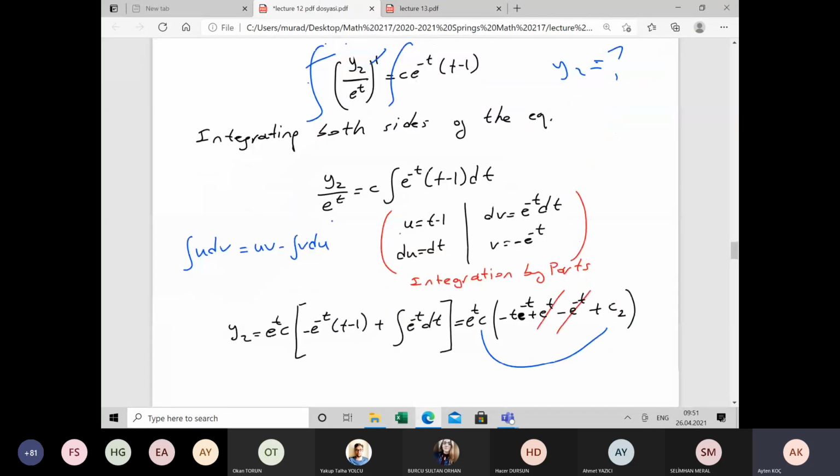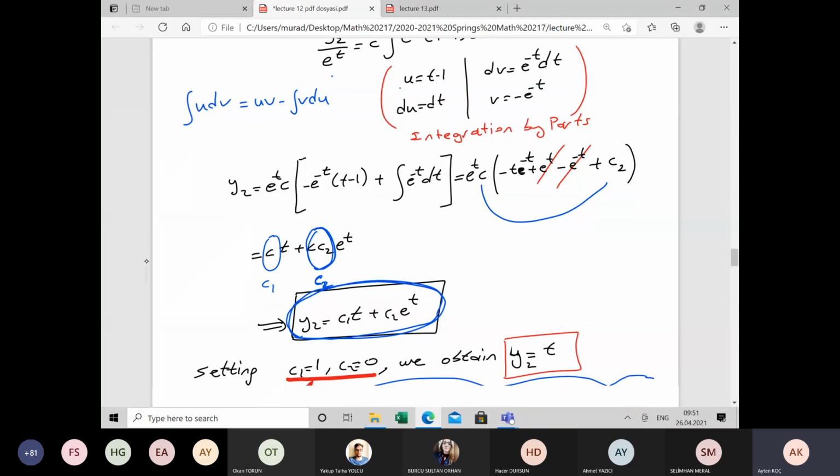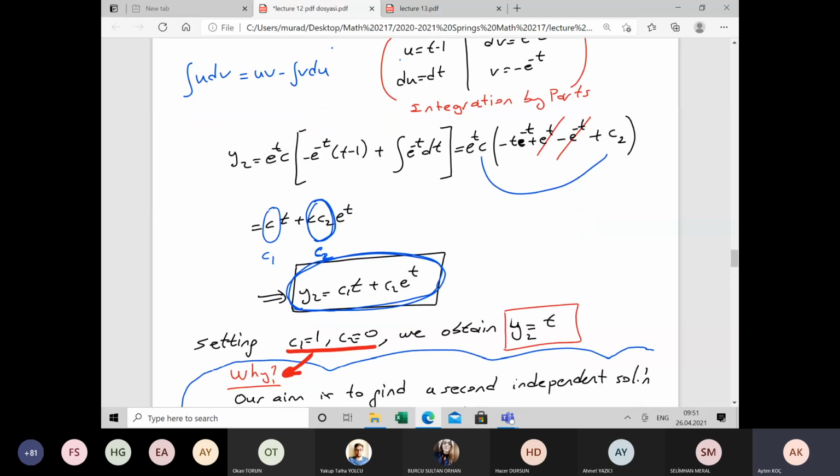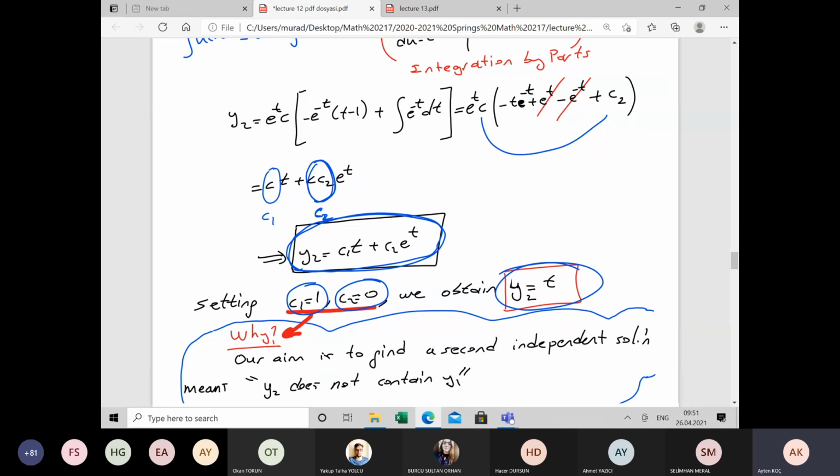We claim y sub 2 is this one, with C1 and C2 constants. So we obtain infinitely many solutions, but choosing one of them is enough. Take C2 equal to 0 and C1 equal to 1, so we obtain a solution, and we are done.